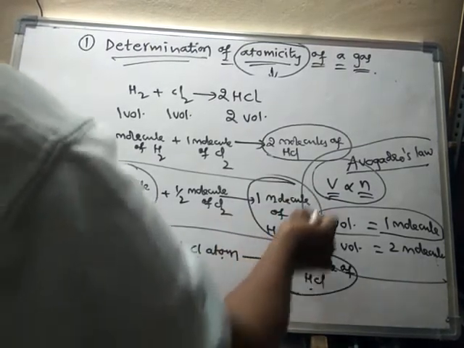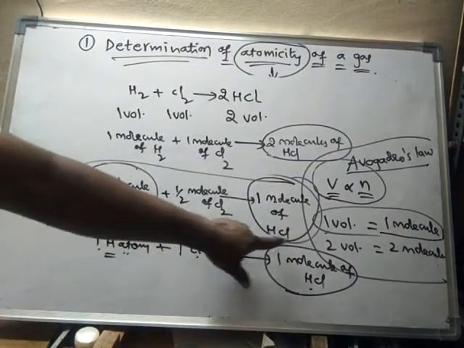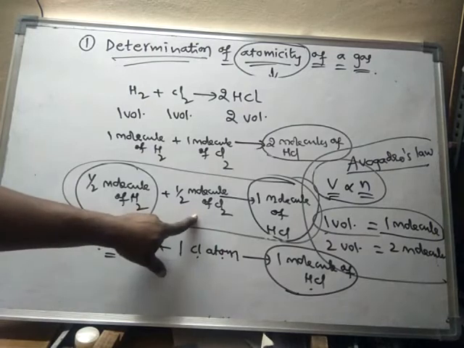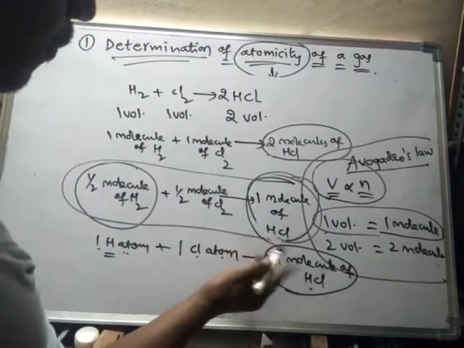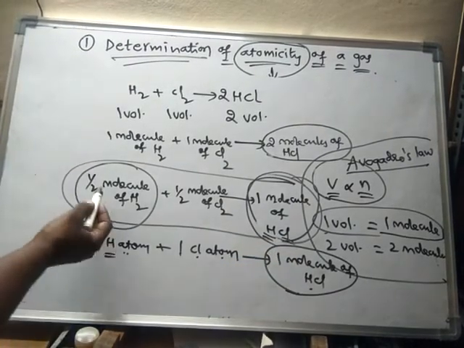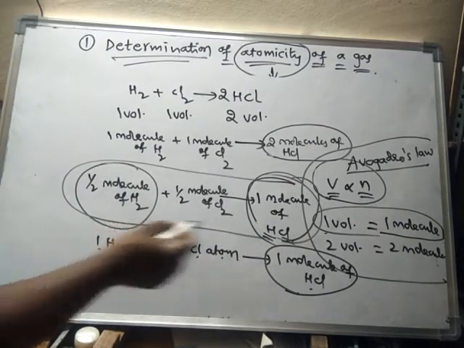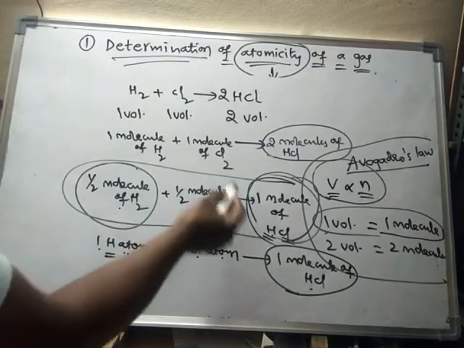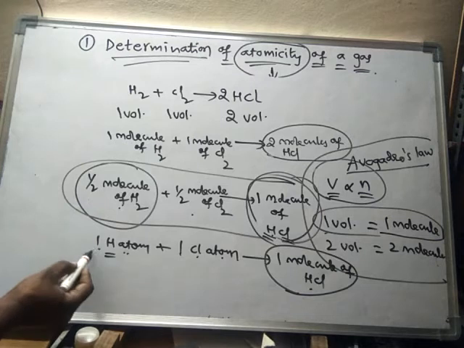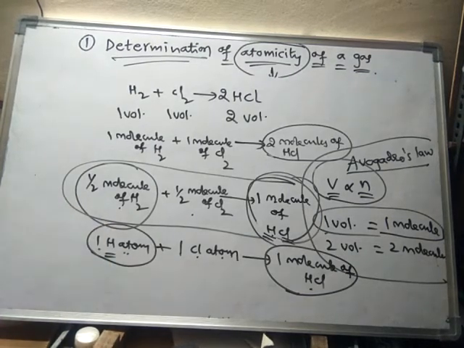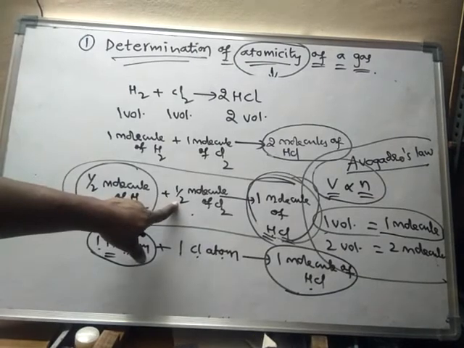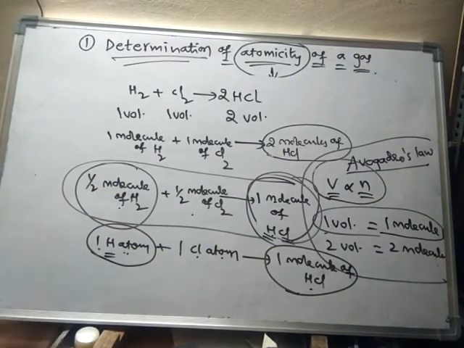One molecule of HCl contains one hydrogen atom and one chlorine atom, so it is formed from half a molecule of hydrogen and half a molecule of chlorine. Half a molecule of hydrogen equals one hydrogen atom, so one molecule of hydrogen is two hydrogen atoms. Hence the atomicity of hydrogen is 2. In the same way, half a molecule of chlorine is one chlorine atom, so one molecule of chlorine is two chlorine atoms. Hence the atomicity of chlorine is 2.